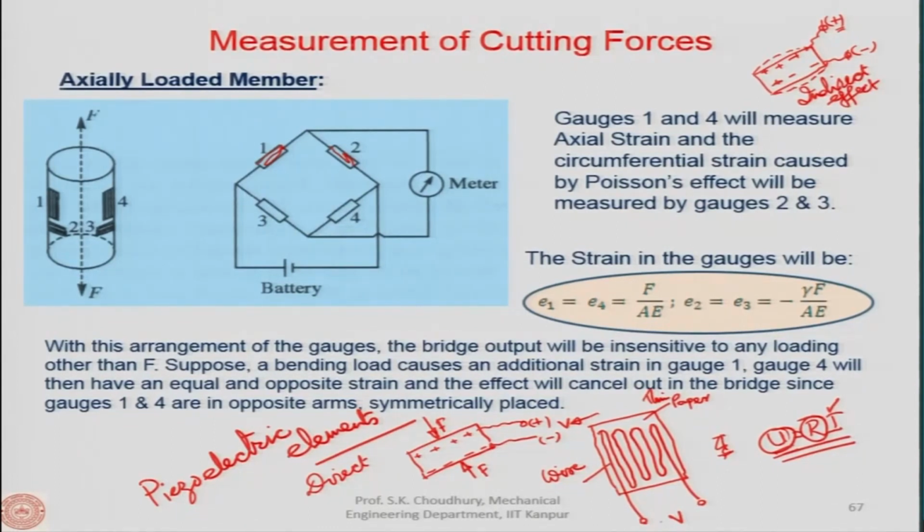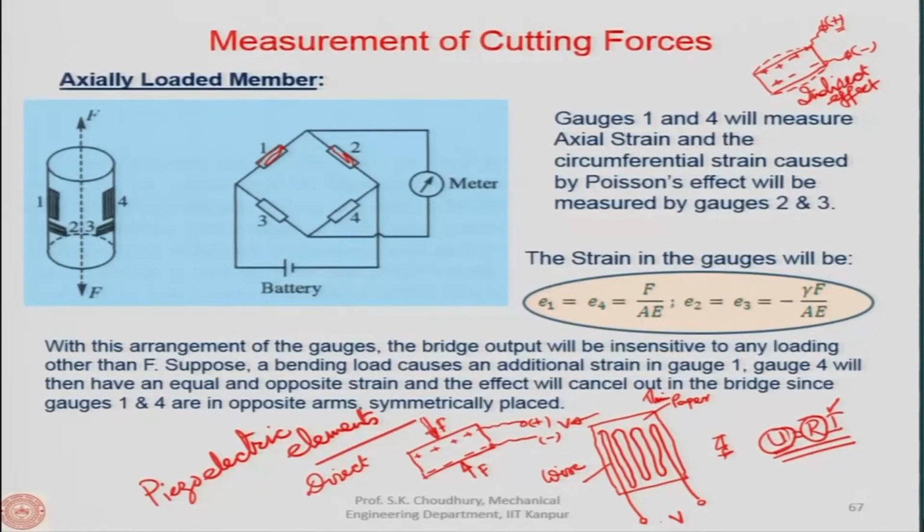Both these effects are being used in mechanical engineering these days for making transducers of very high quality and very high sensitivity. Once you are measuring the forces, you apply the force and find out the voltage coming at the output, the same as in the case of the gauges where you are measuring the strain.